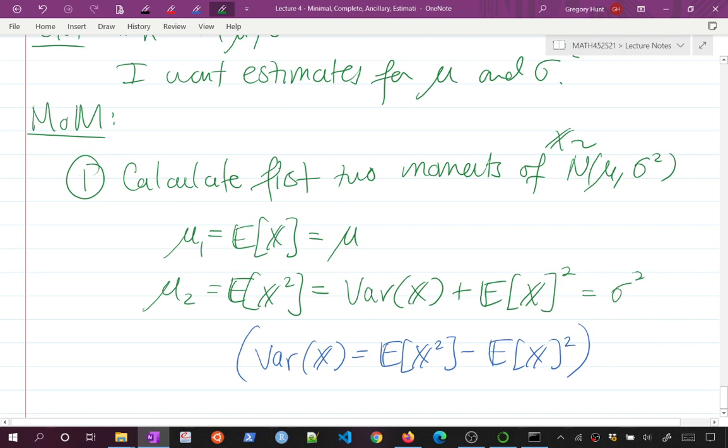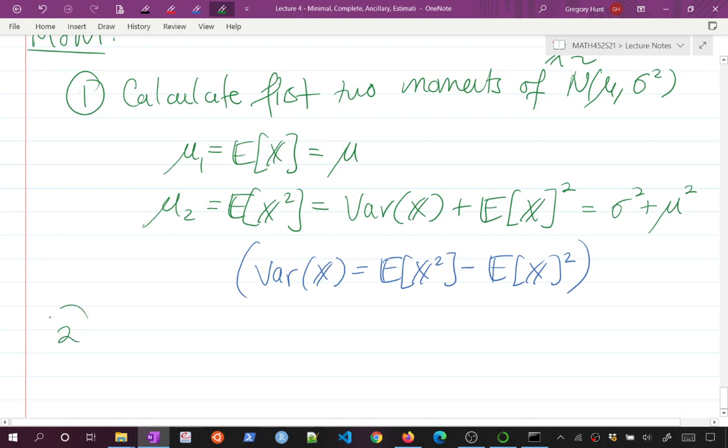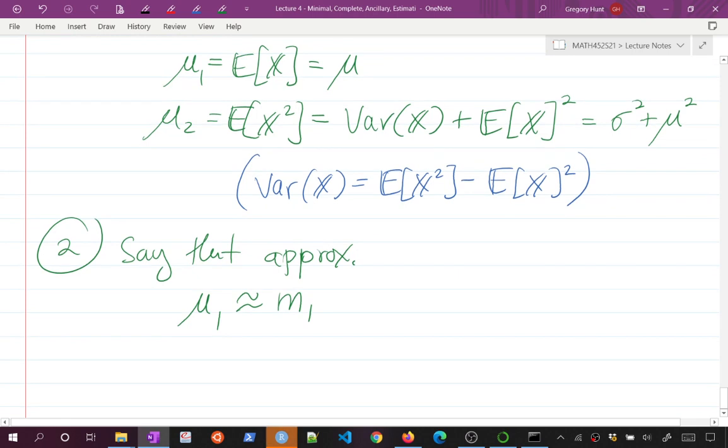The variance of my normal mu sigma squared is sigma squared. The mean is mu squared. So the first moment is mu, and the second moment is sigma squared plus mu squared. Our second step for method of moments is to say that approximately mu1 should be equal to the sample moment.